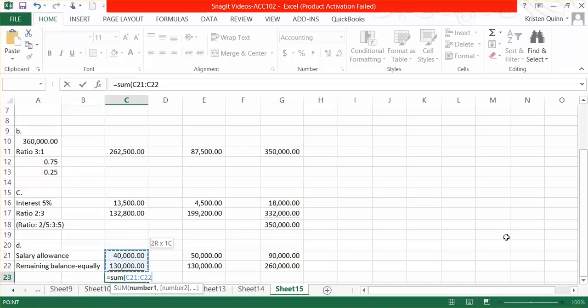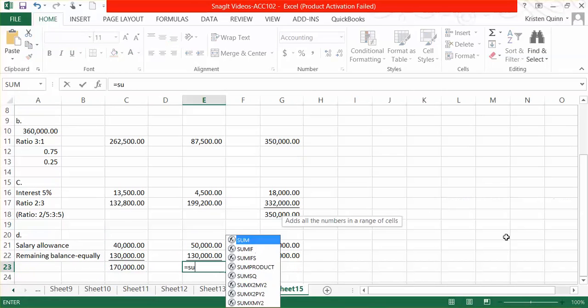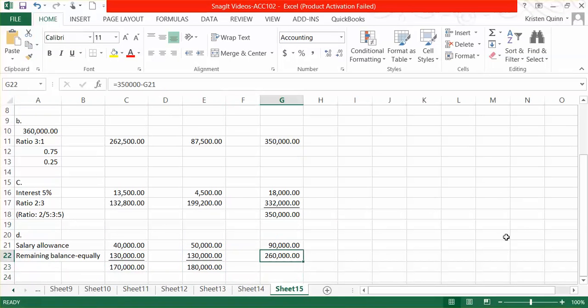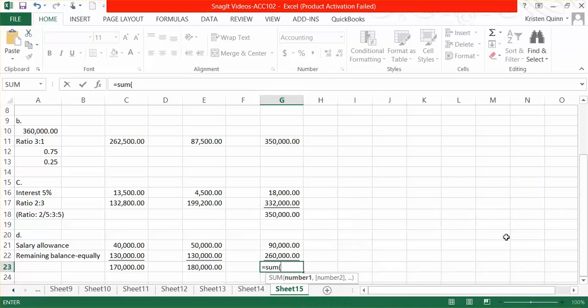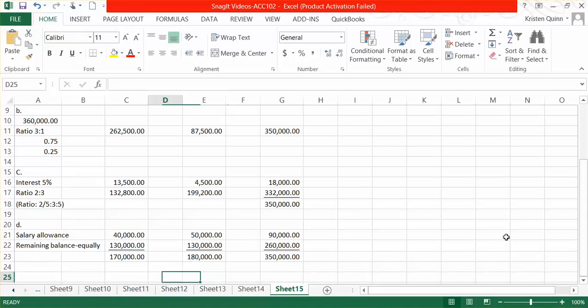So in total, Murphy will get $170,000, and in total, Drake will receive $180,000, and we just successfully distributed $350,000 in net income.